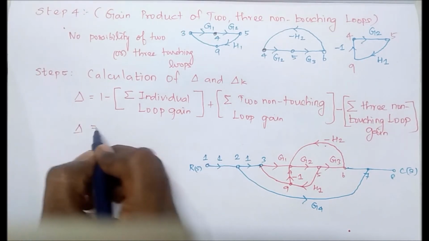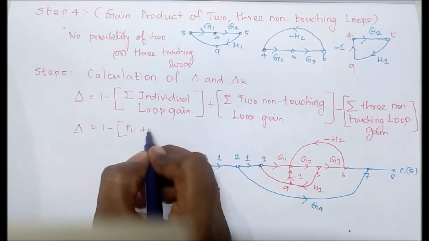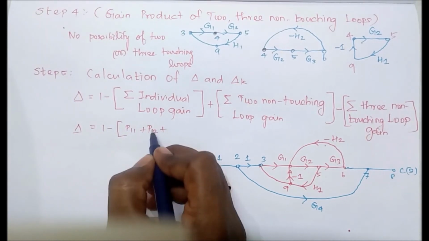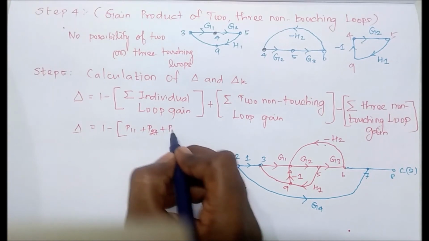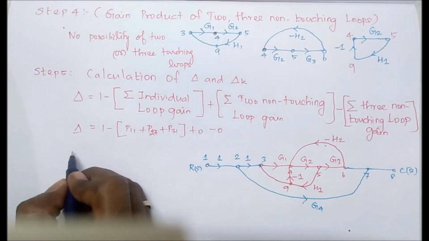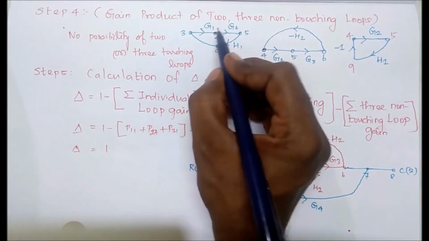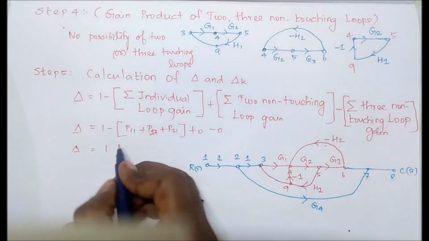So del equal to 1 minus P11 plus P21 plus P31. Remaining terms are 0.